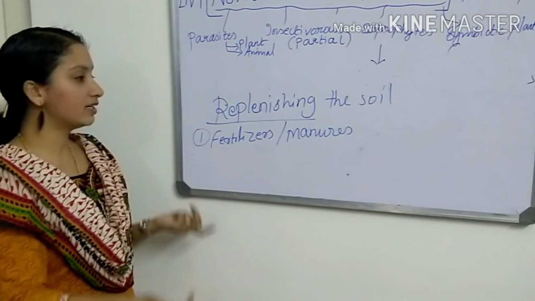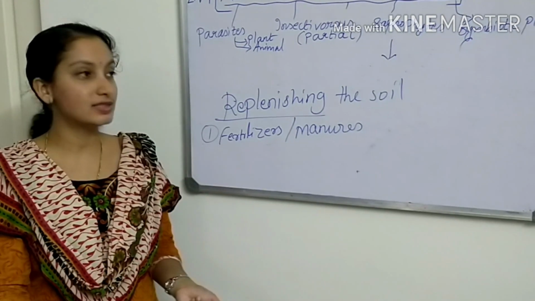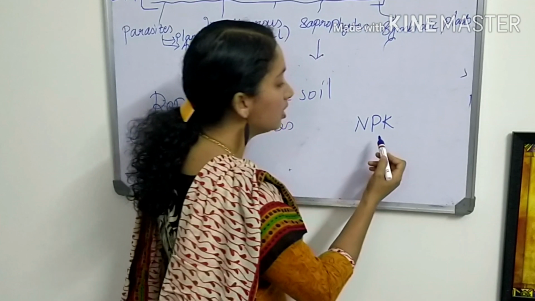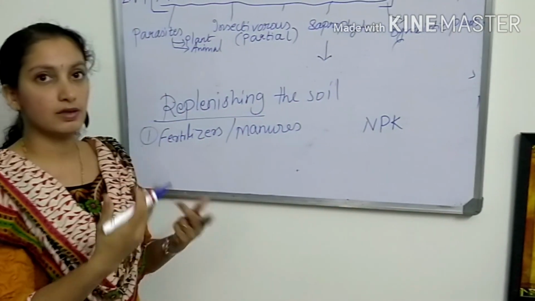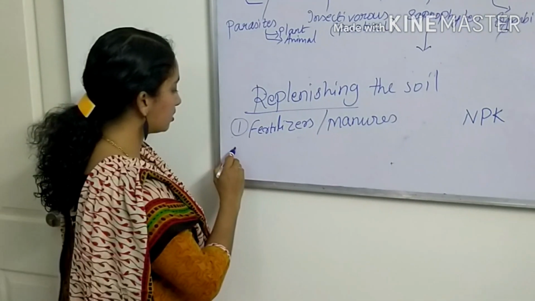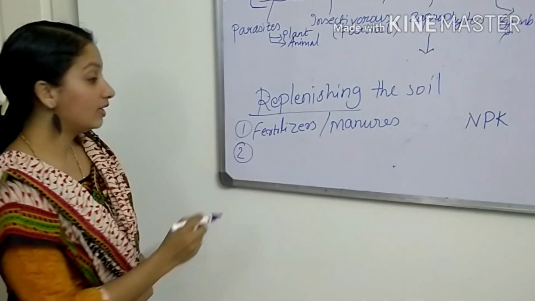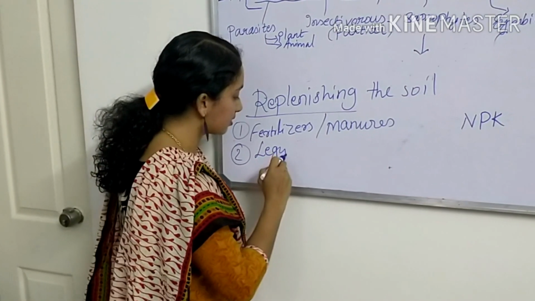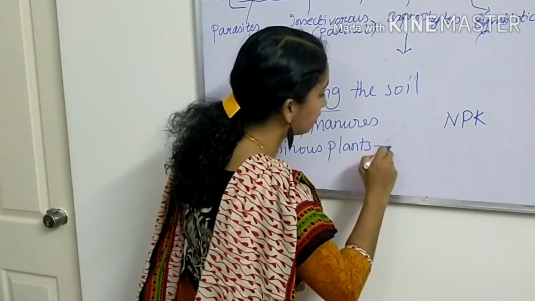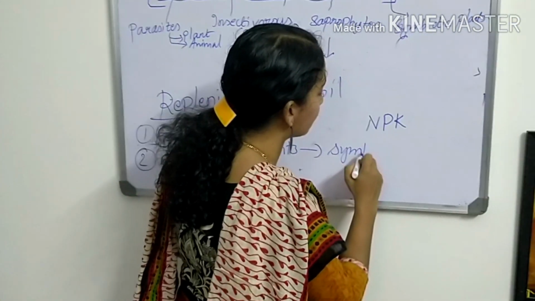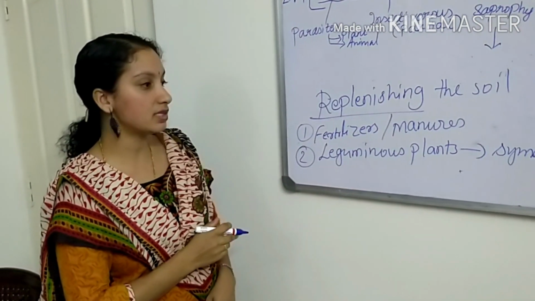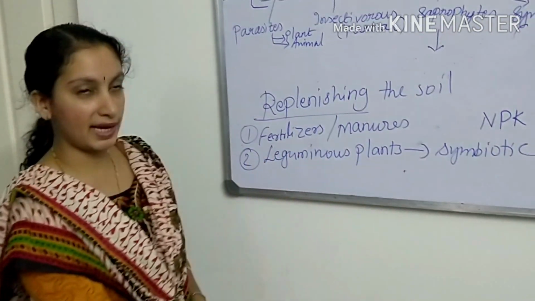We can supply fertilizers or manures so that all the main nutrients like NPK, that is nitrogen, phosphorus and potassium, are supplied to the soil. The plant can grow well. Or else we can grow leguminous plants, which follow a symbiotic relationship. So there is one more example for symbiotic plants, that is leguminous plants.